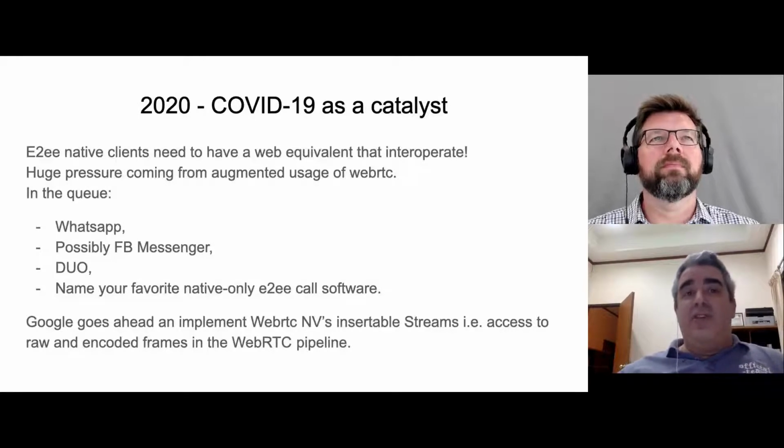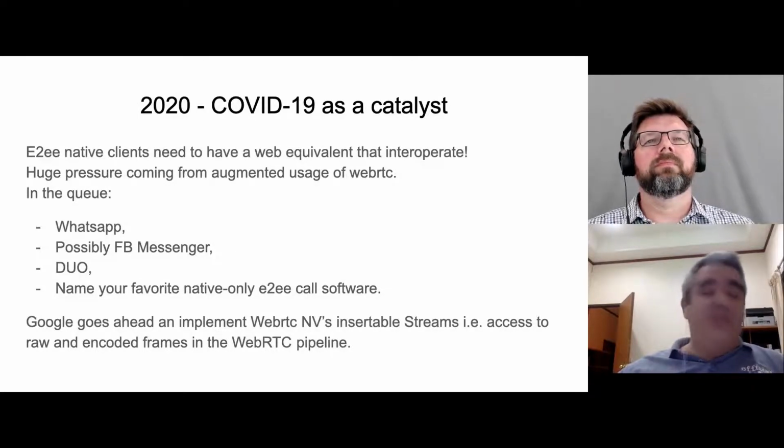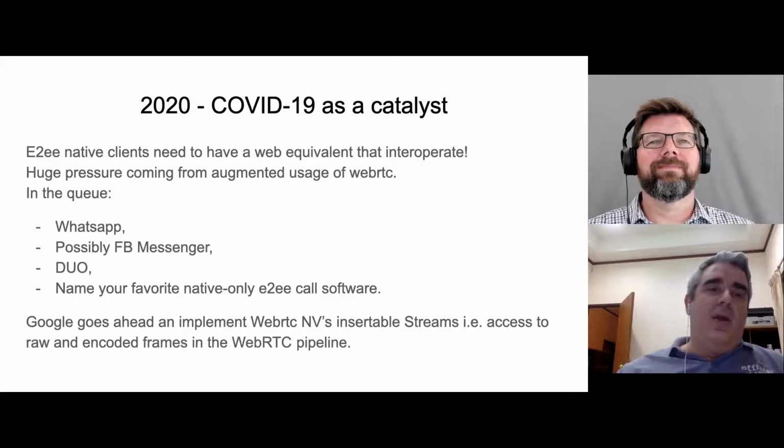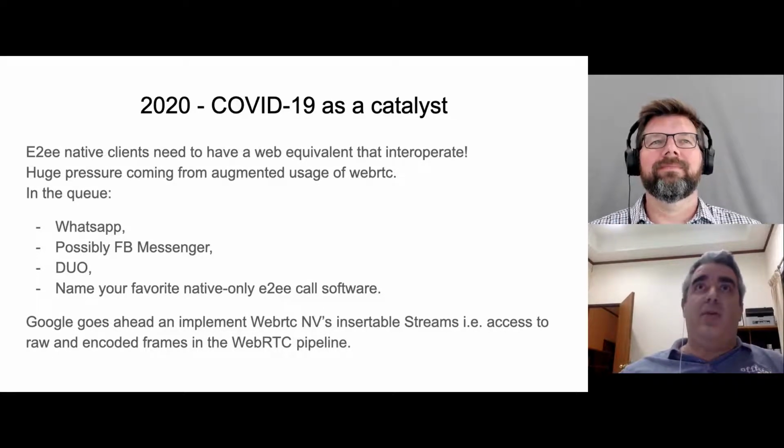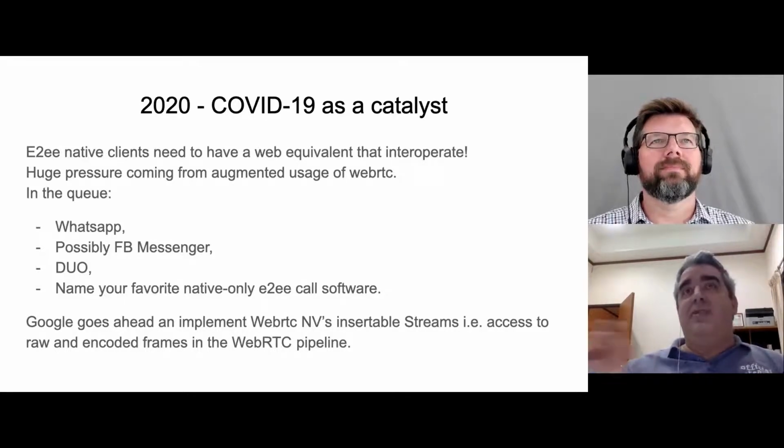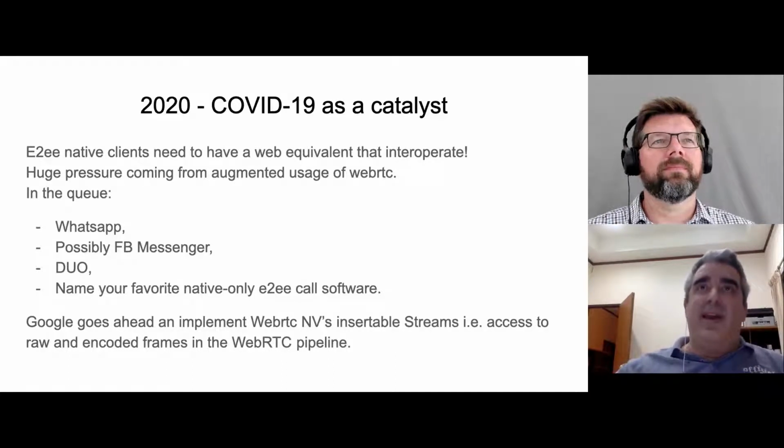In 2020, fast forward, everybody is working from home, and suddenly having collaboration tools and working on the web is really important. So all of the end-to-end encrypted clients out there, because there is no capacity in the browser, had to be native. And native clients need to be downloaded, they need to be configured.